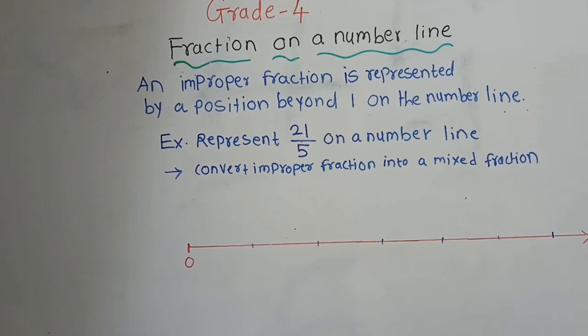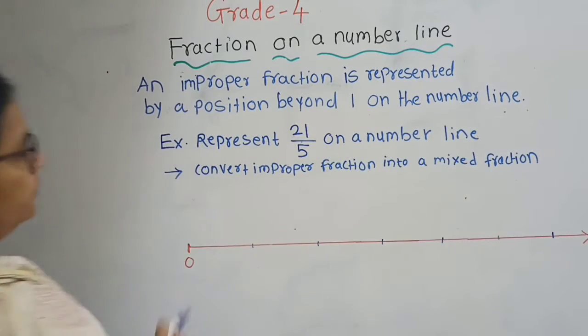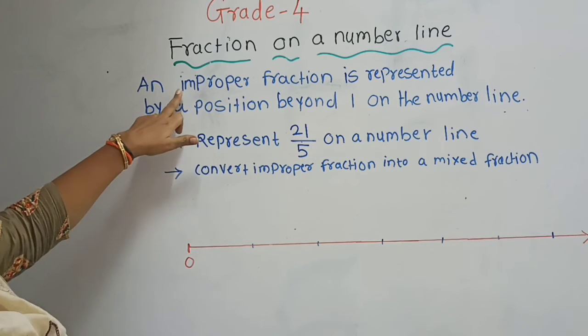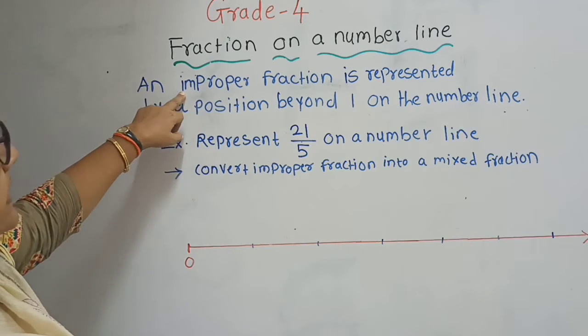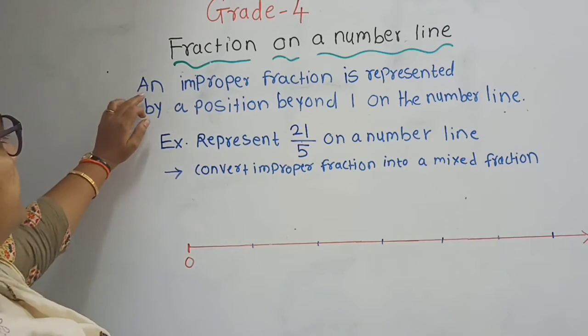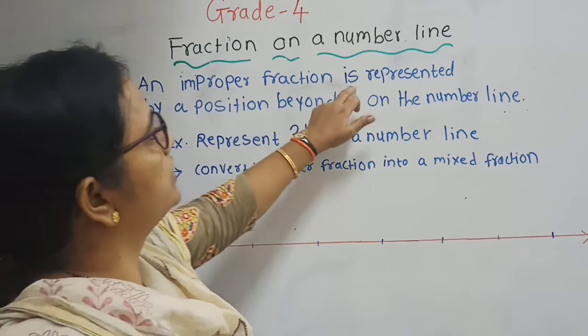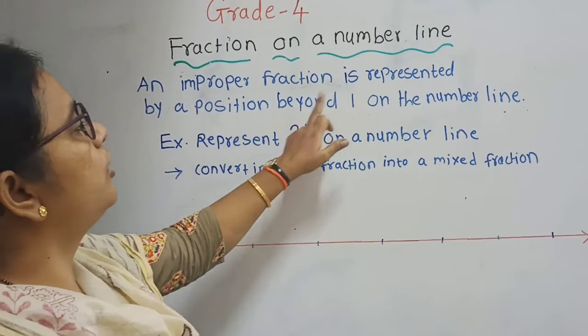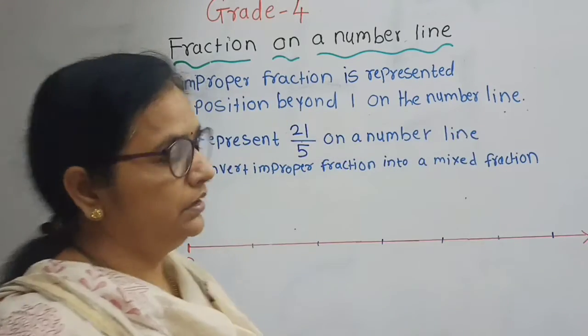Okay. Children, now we are going to see how to represent an improper fraction on a number line. An improper fraction is represented by a position beyond 1 on the number line.